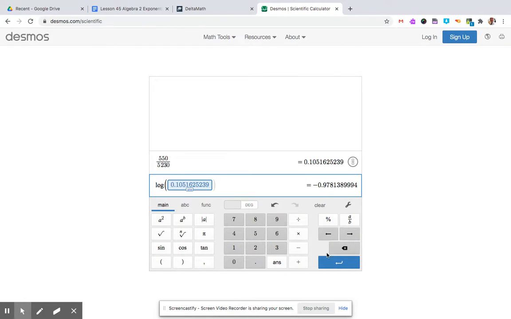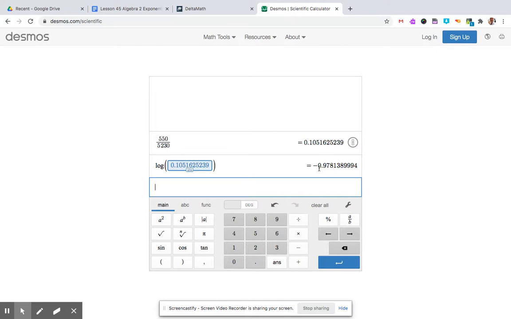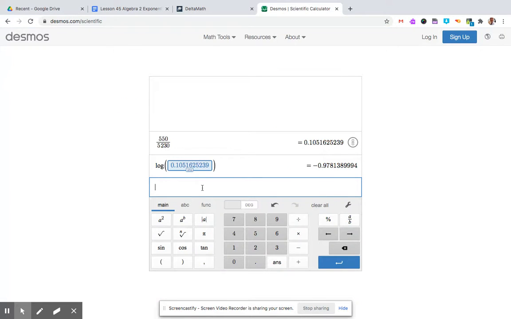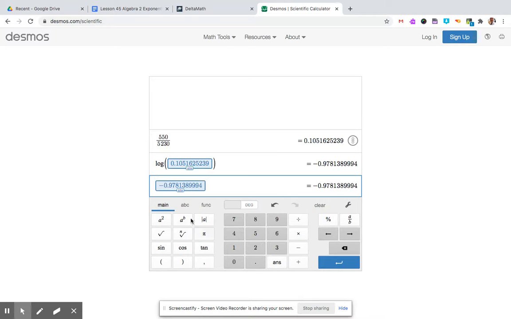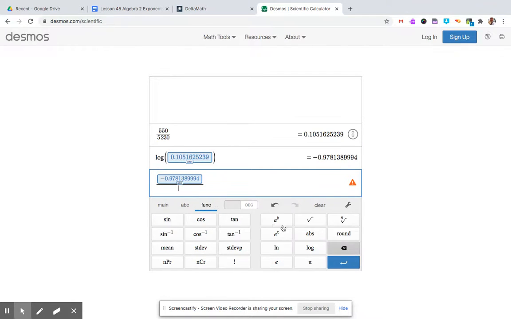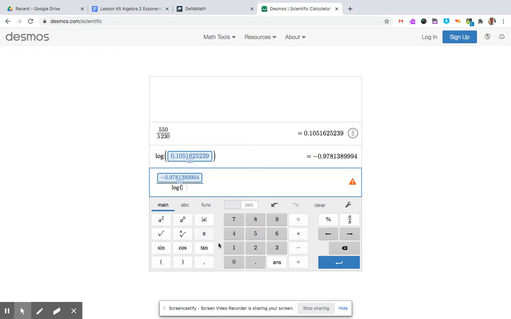Okay, and I'll say enter. Now that is stored as my answer. Then I'm dividing all of that by log of 0.95. So answer divided by log of 0.95.